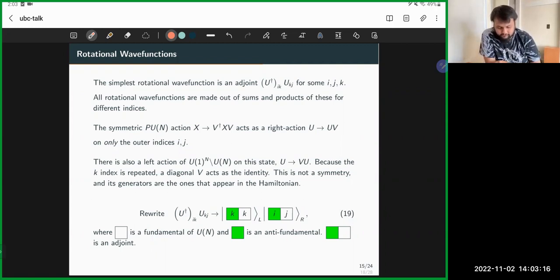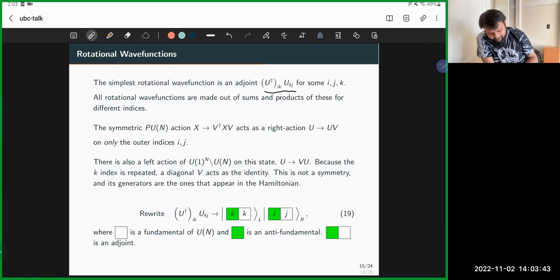Good. So now let's look at the rotational sector. As I mentioned, the simplest rotational wave function is this function of a unitary U with some indices i, j, k. Every rotational wave function is made out of sums and products of these little elementary pieces, for different i, j, k.